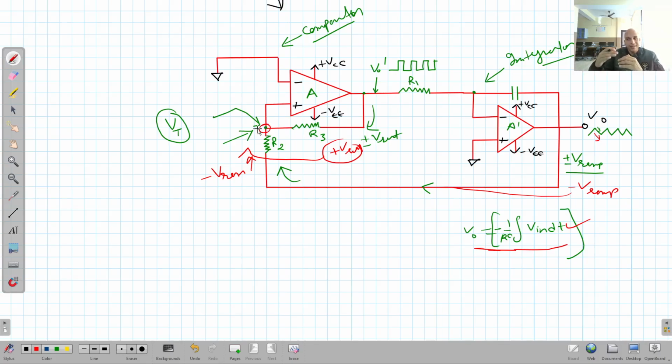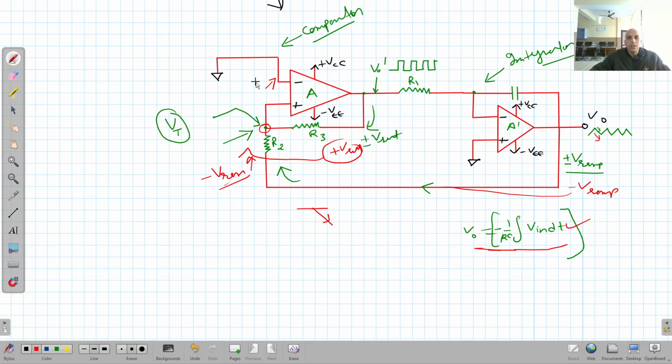This negative going ramp will continue until the voltage at this terminal becomes 0, when these two cancel one another out. Then the voltage at this point will try to go below 0 because the negative ramp is rising further. When the voltage at this point slightly goes below 0 as compared to this, then what will be the result?